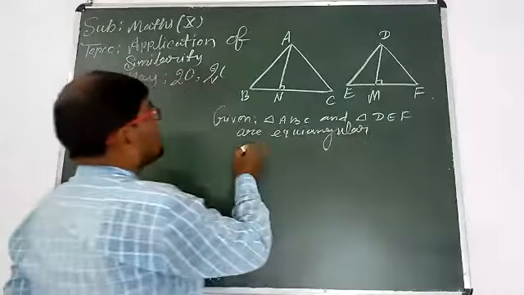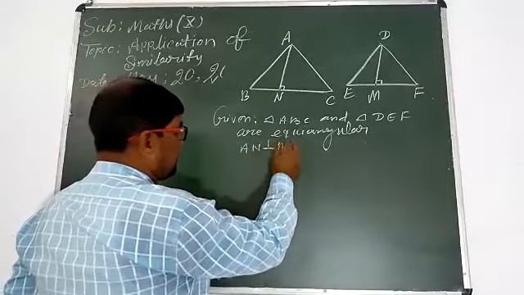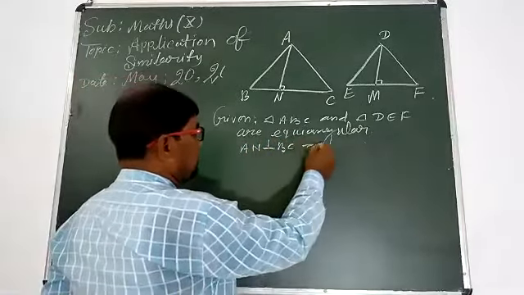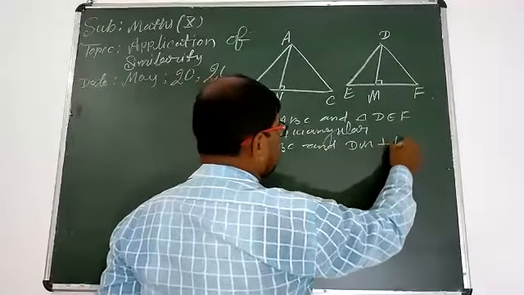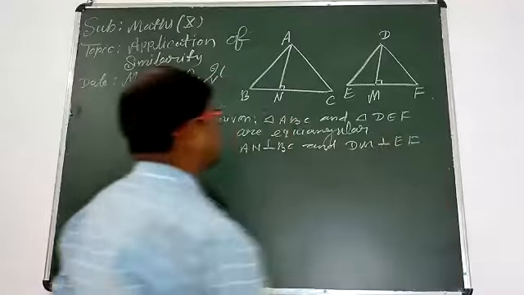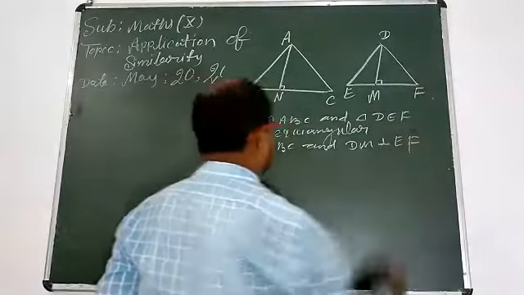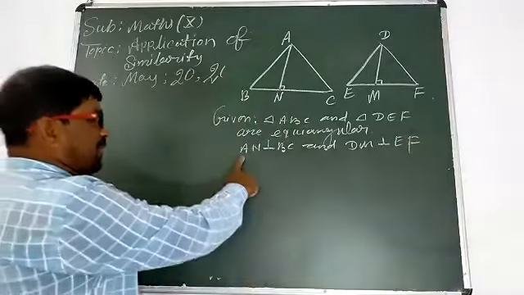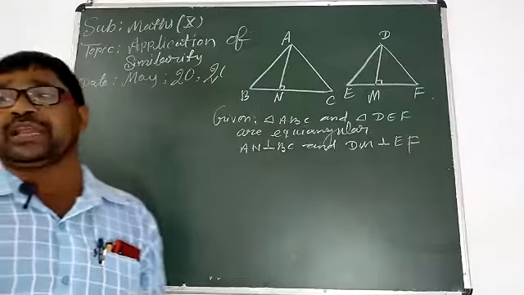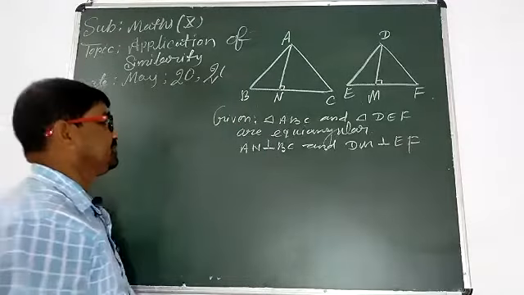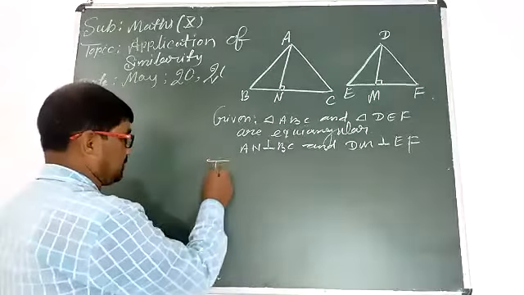Another thing: AN is perpendicular to BC and DM is perpendicular to EF. Okay? Understood? That is given. Now, what do you want to prove?